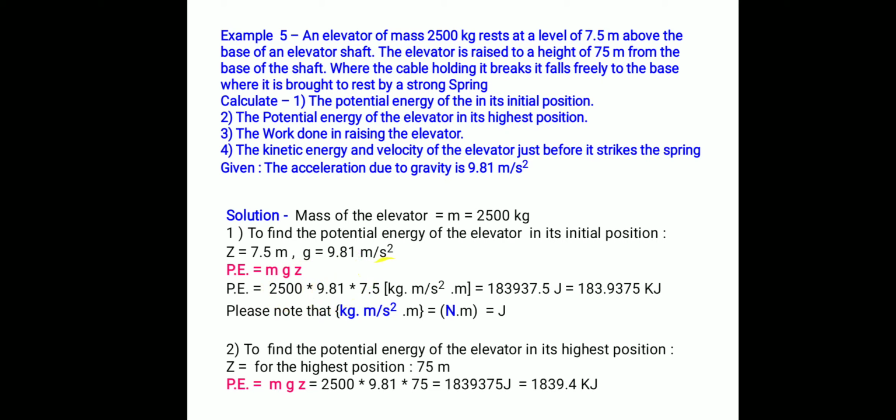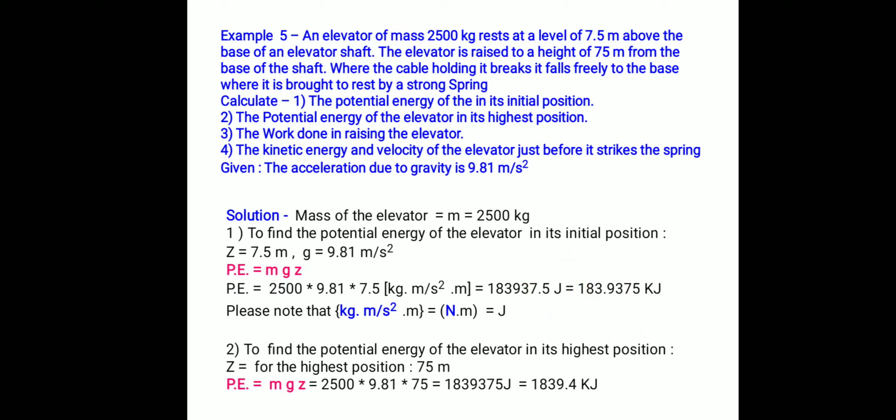For the initial condition it is 7.5 meter. So we can calculate m into g into z, and we get 183.9375 kilojoules, or 183,937.5 in terms of joules, right?